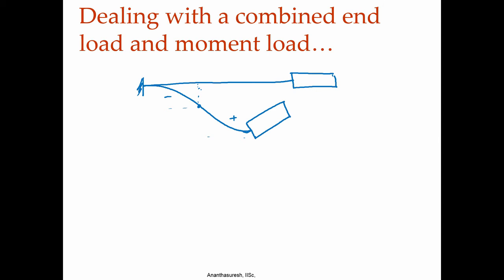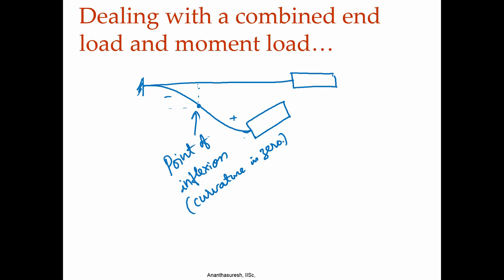So, the trick would be, when you have a fixed beam, we need to know where this point of inflection is. So, this is the point of inflection where the curvature is 0 instantaneously, curvature is 0 over there.